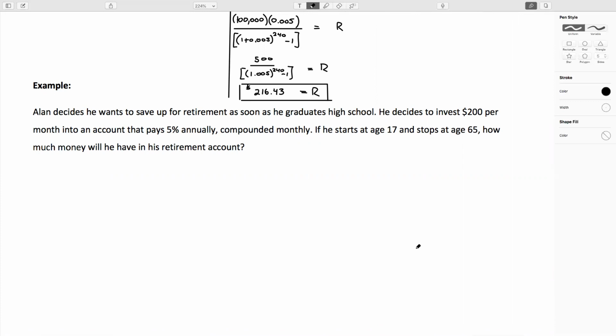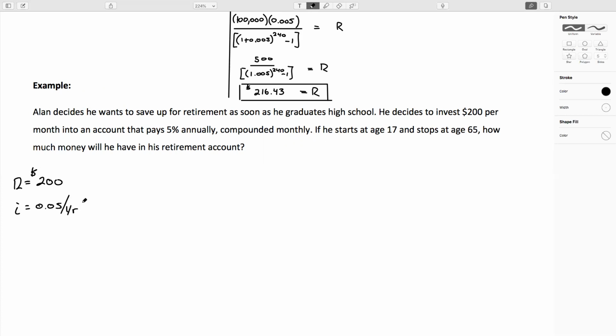All right, so we've got to unpack the question and write out what we know. Okay, so we'll start out. He has regular payment R of $200. R equals 200. He's investing in an account that pays 5% annually, so I equals 0.05 per year.